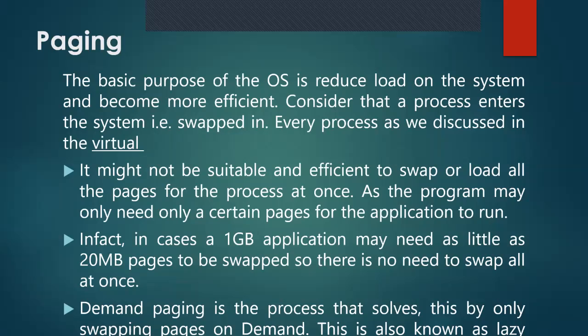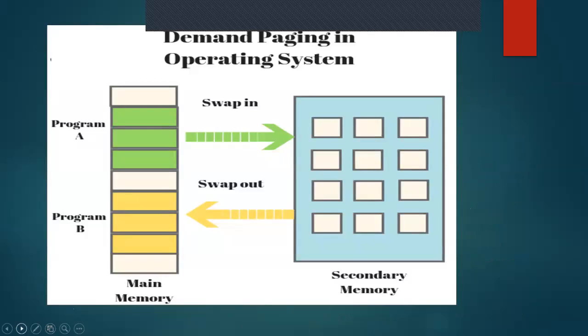Remember that the concept of demand paging is important. Whenever there is a demand, whenever there is a need, then a page is swapped out and swapped in. Demand paging in operating system: swap in and swap out from main memory to secondary memory.